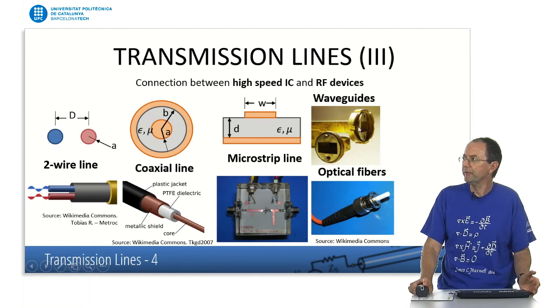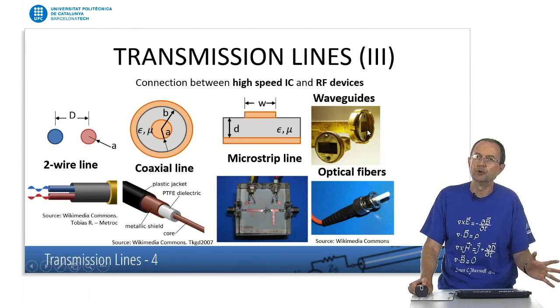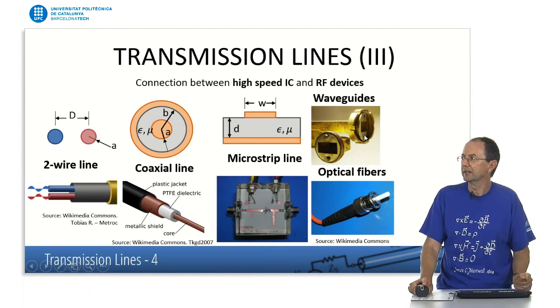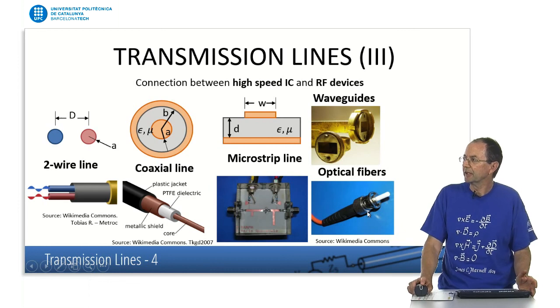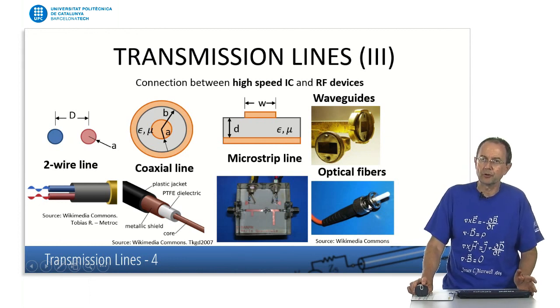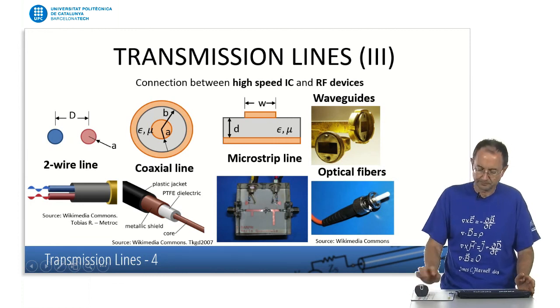For example, waveguides are metallic tubes, and optical fibers don't involve conductors, so the signal is guided by a dielectric structure. These are special configurations which have the particularity that they cannot transmit low frequencies, only high frequencies are possible.